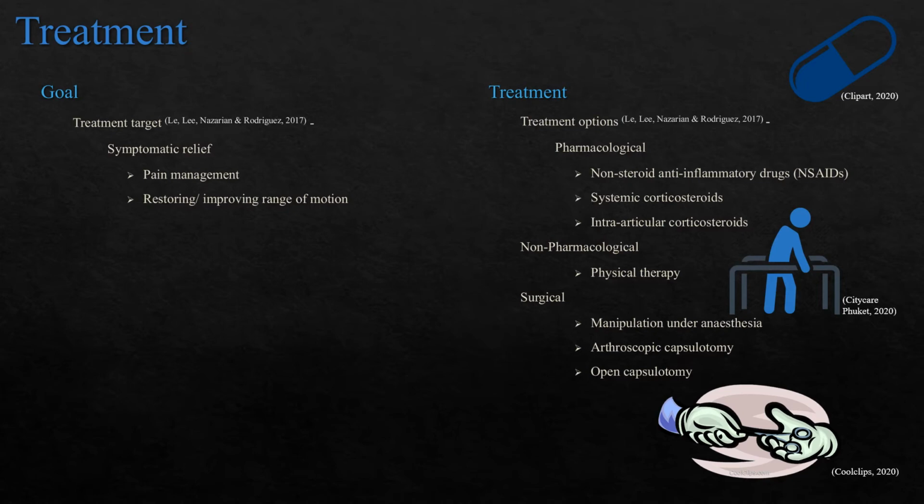Operative treatment options are surgical, such as manipulation under anesthesia, and arthroscopic and open capsulotomy. All non-operative approaches aid in relieving the symptoms, allowing for easier and faster recovery. Operative approaches involve direct mobilization or manipulation of the joint capsule and usually result in faster resolution compared to non-operative methods.